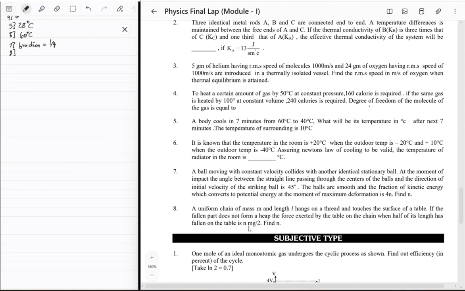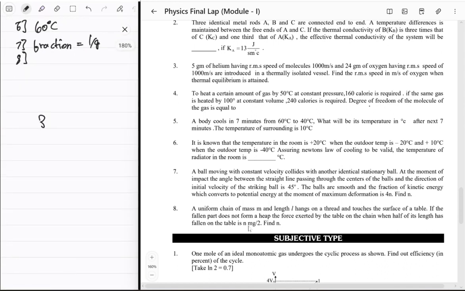You know the thing, that is like 3 times the weight of the part of the chain that has fallen. Yeah, right, that is how it is.